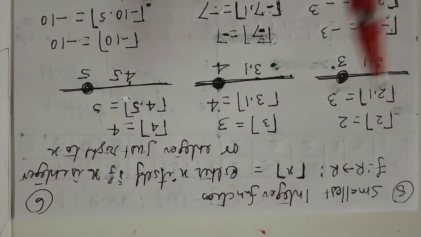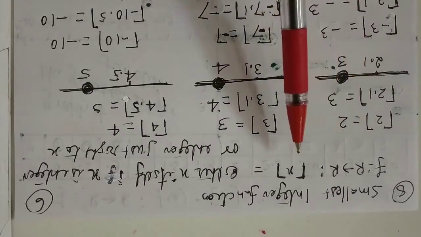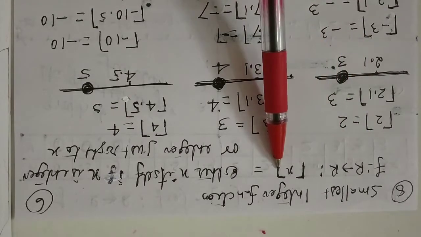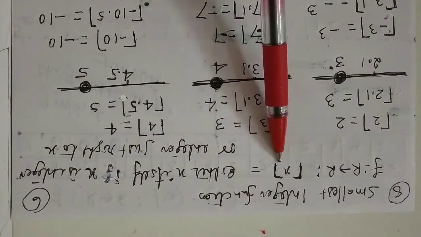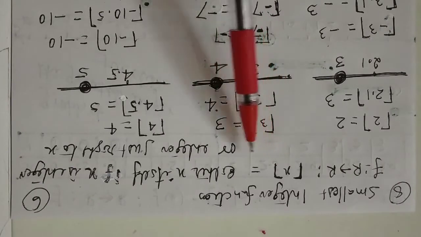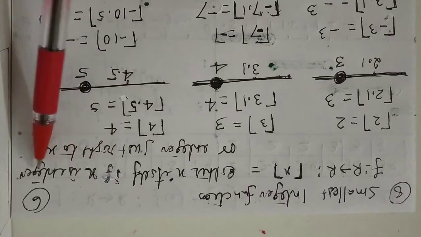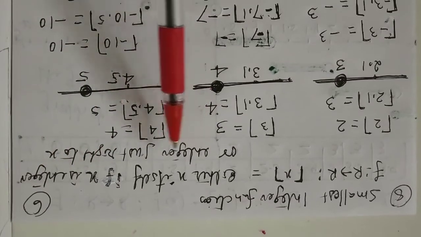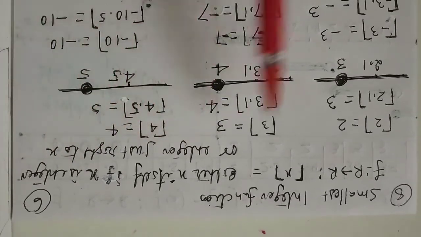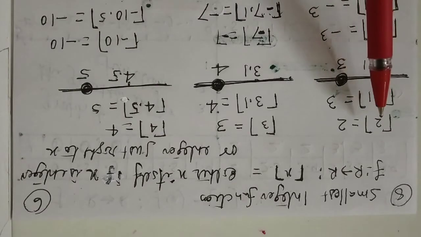Smallest integer function, from R to R. This is symbolized by this, read as the smallest integer function. The meaning is either x itself if x is an integer, or the integer just right of x. The examples are here.